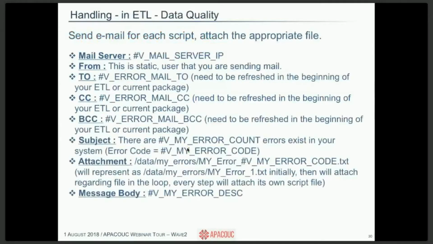implemented the email algorithm. As you can see, everything is based on variables, and you can refresh those variables before sending the emails. This is the mail server IP, because you may wish to use more than one IP address, and from is generally static, from which mail account you are sending.